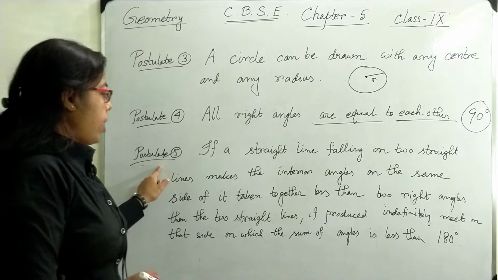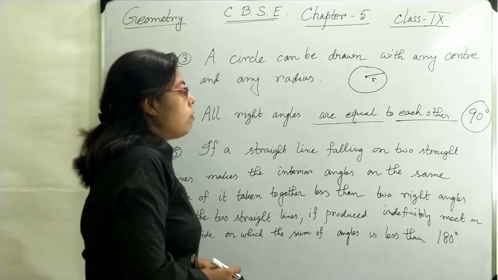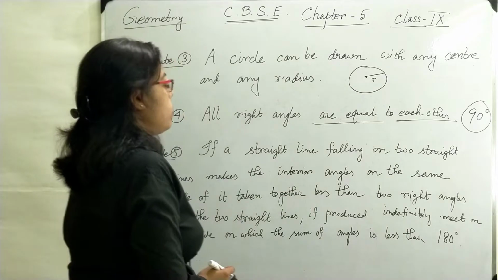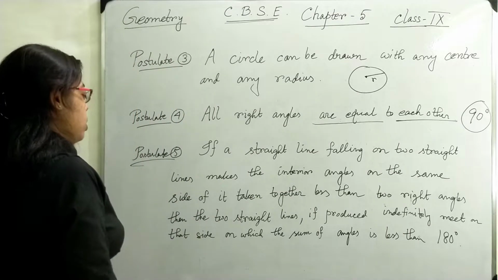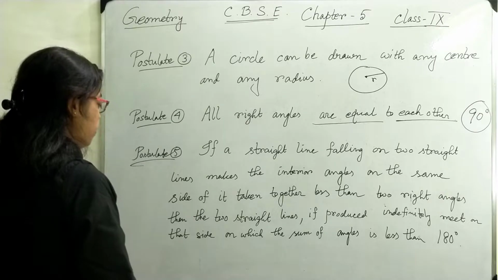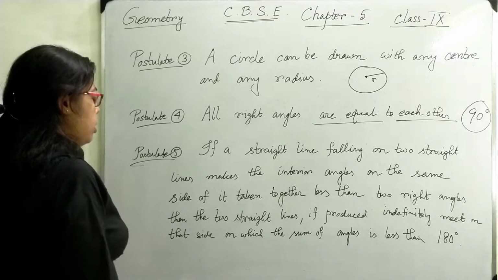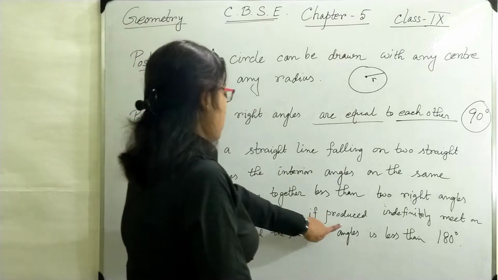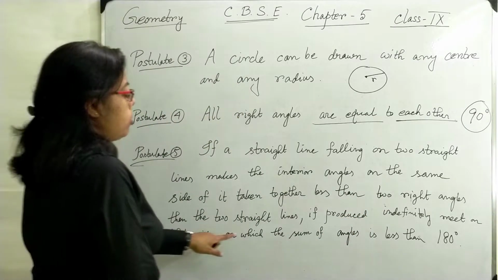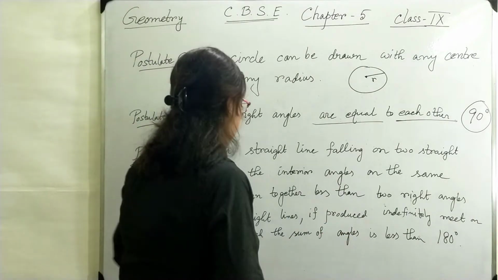Then postulate number 5: if a straight line falling on 2 straight lines makes the interior angles on the same side of it taken together less than 2 right angles, then the 2 straight lines, if produced indefinitely, meet on that side on which the sum of angles is less than 180.